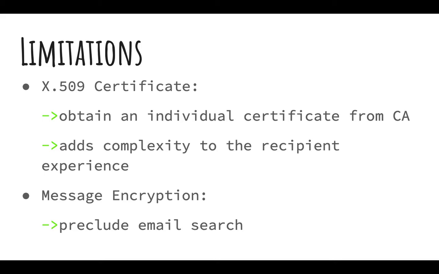It also adds complexity to the recipient experience. End-to-end encryption also precludes email search, so users can't search through historical emails, except for the subject line and attachment names. Then, in the next section, Michelle will talk about PGP.